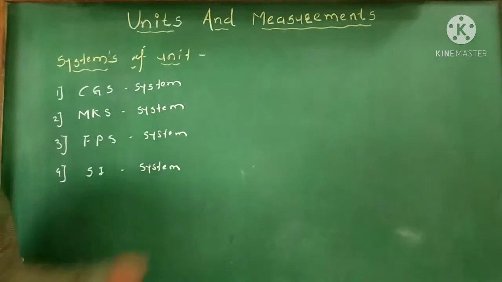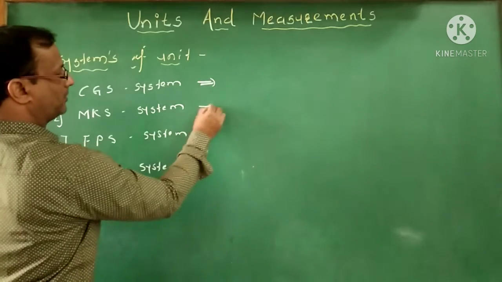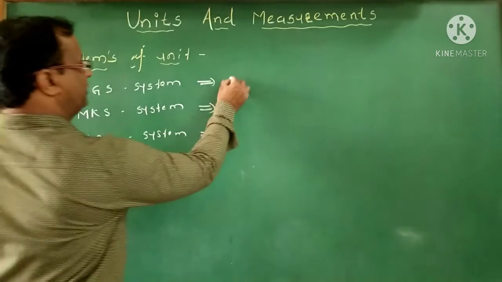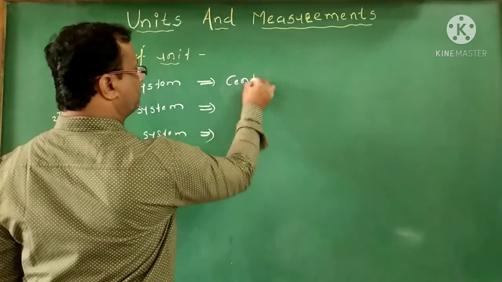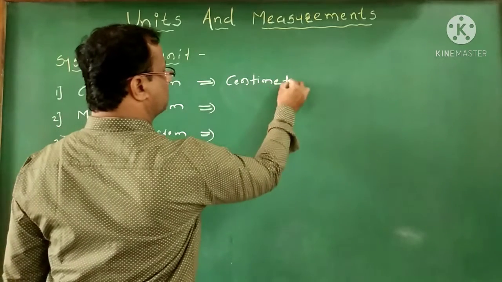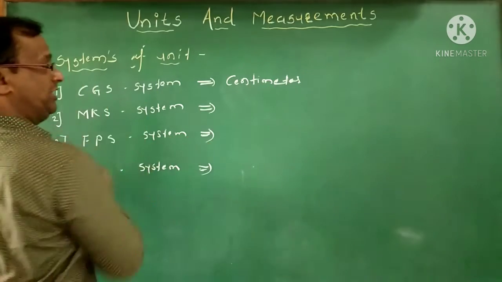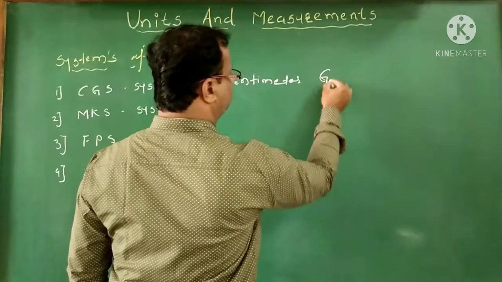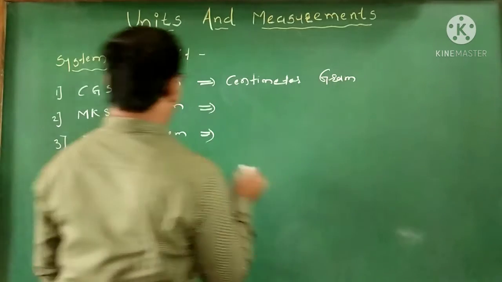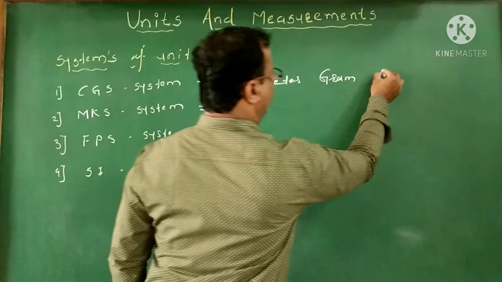Here, CGS stands for centimeter, gram and second.